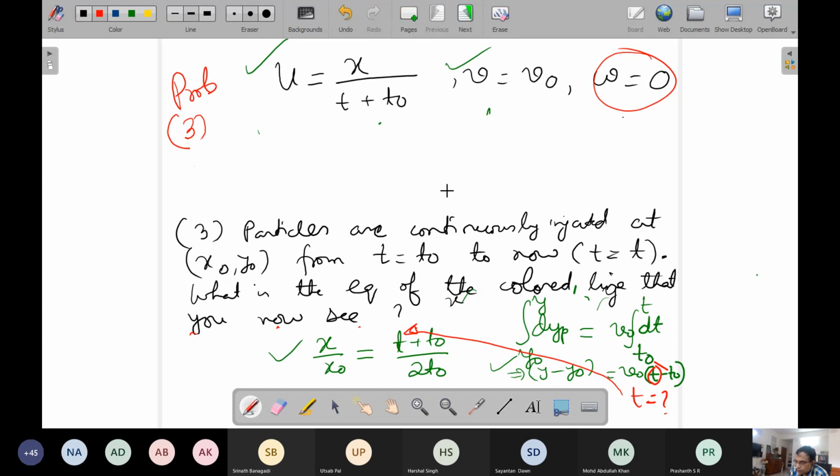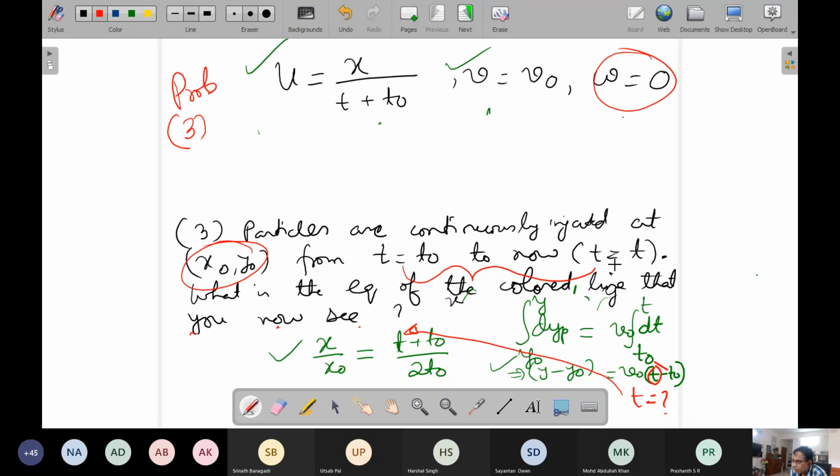The particles are continuously injected at a given point, again that same point, but the injection is now from time equal to t0 to time equal to t.